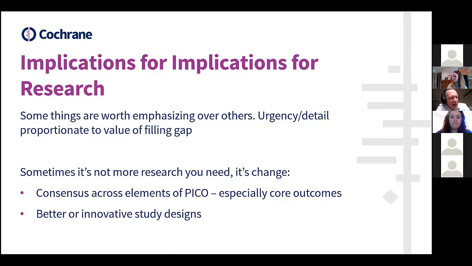This is interesting, isn't it? I'm glad I've got this slide up, because I think some things are worth emphasizing over others. The urgency and the detail should be proportionate to the value of filling the gap. I think it depends on what you're asking for with that. If you're saying other researchers who are doing reviews in this area need to be mindful of this, I think that's okay.